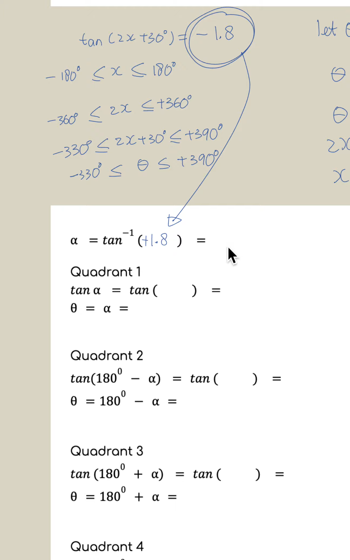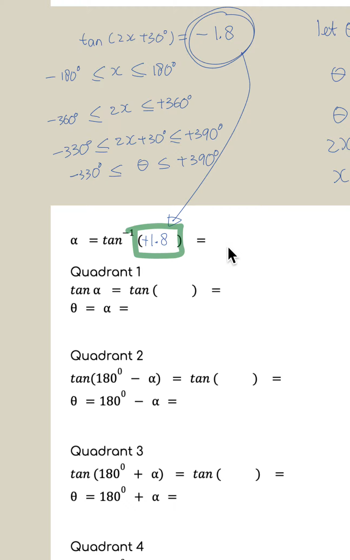Now this is very, very important. Don't put the negative value into the inverse tangent, because alpha is the basic angle. Alpha must be between 0 and 90 degrees. Alpha itself is not the answer, but it will help us find the answer.